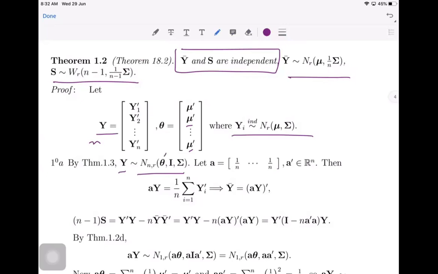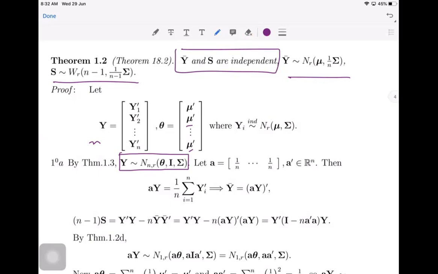So the mean vector is theta, which comprises of the mu's. And then independence will tell you that your psi is just your identity matrix, and there are no covariances or associations between columns. So this is just using the result in 17.3.